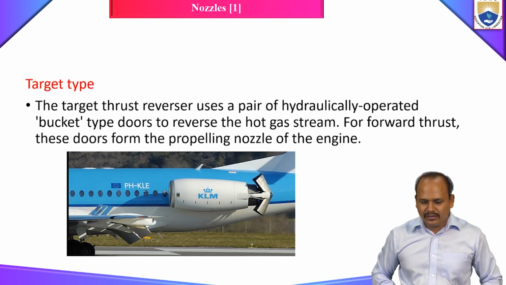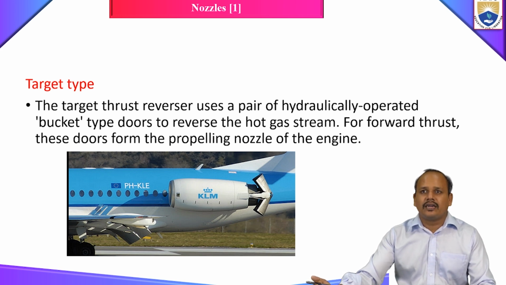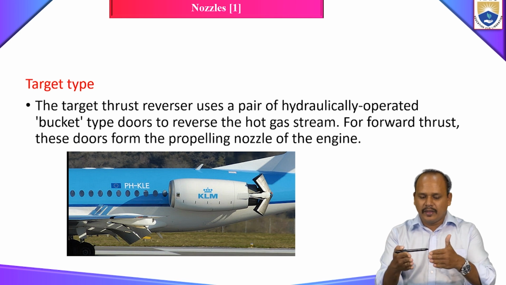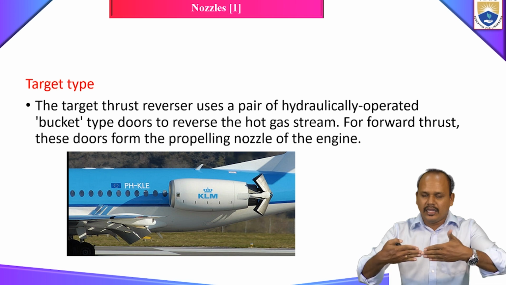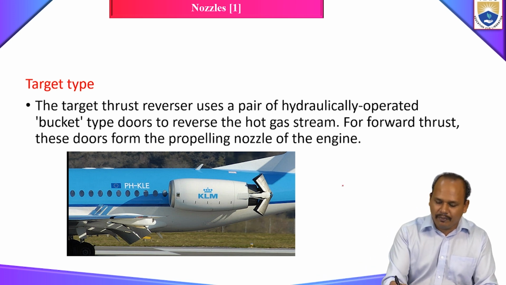The first type of thrust reversing mechanism is called the target type or bucket type. The bucket is basically the enclosure of your engine. Once you land, using a pneumatic or hydraulic operating system, we operate these two buckets, which are initially open, so they close and block the flow coming out of the nozzle.